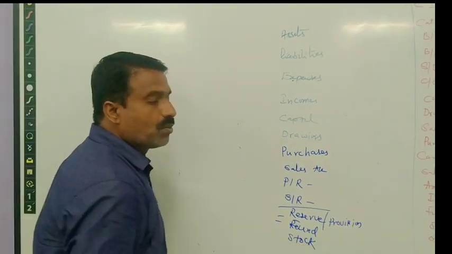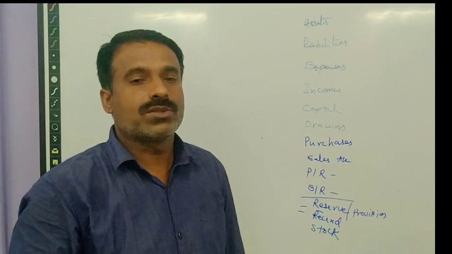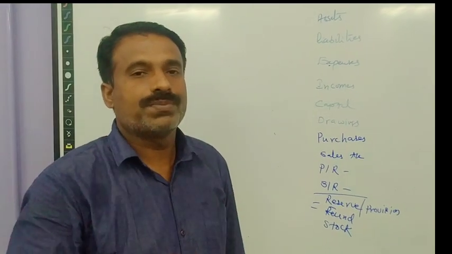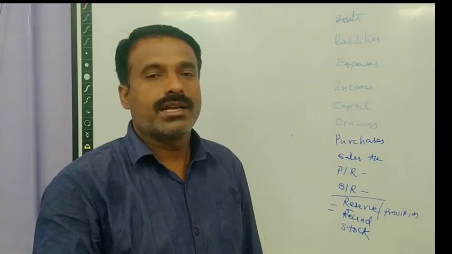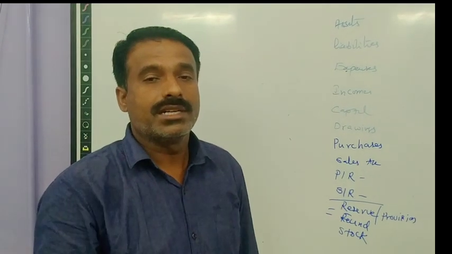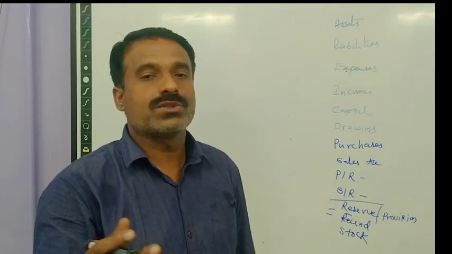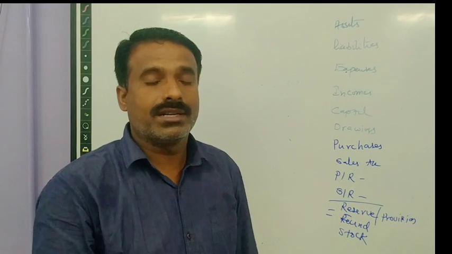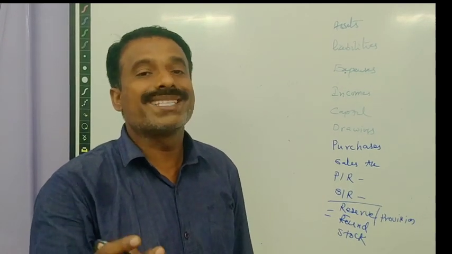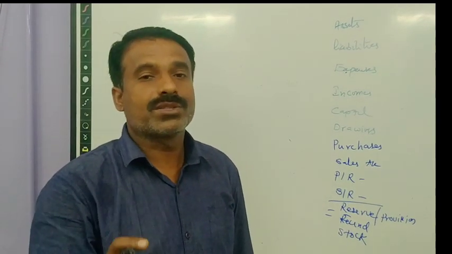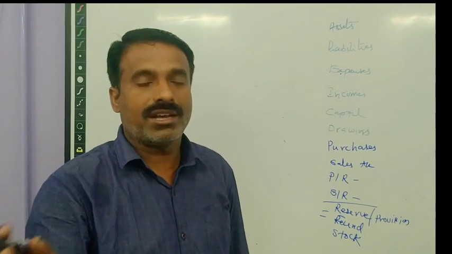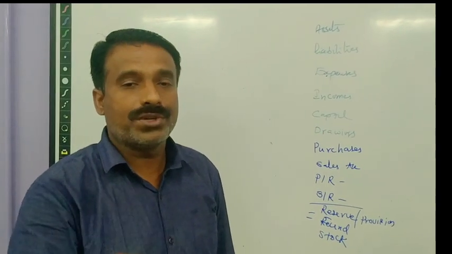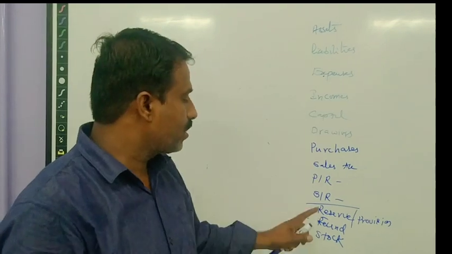This is the goods produced but not sold. Any firm which produces continuously may find that at the end of the year some goods produced are not sold because of lack of demand. That is called closing stock. The name itself indicates stock at the end of the year. Simply, it is goods produced but not sold. That is also a stock.